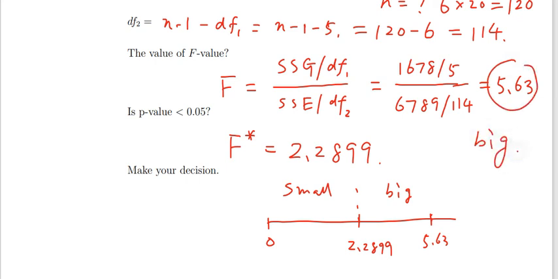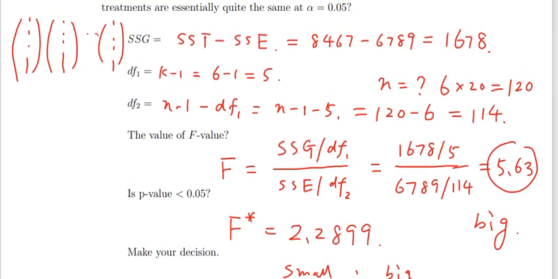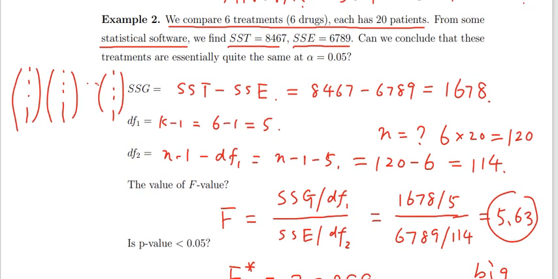This means these 6 groups have a significant difference. Their difference is big. We can say the 6 treatments have a significant difference, that treatments are not quite the same. Can we conclude that these treatments are essentially the same? We say no, they have a significant difference.